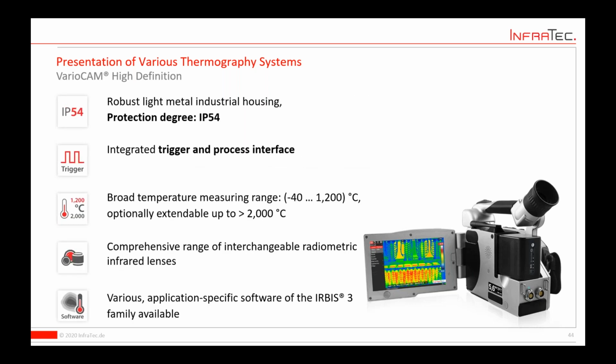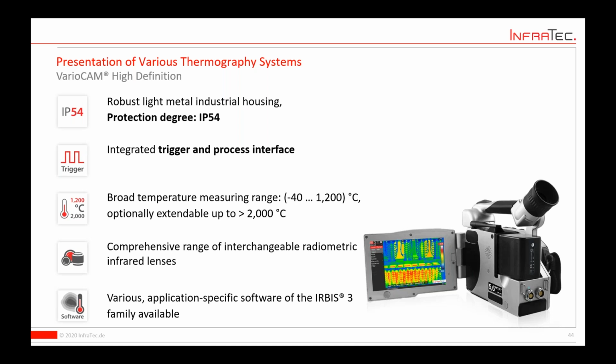Only to sum up the models here, some of the key figures: very robust products with an IP54 rating, with broad measurement ranges of up to 2000 degrees if necessary, and fully radiometric lenses, of course, interchangeable.